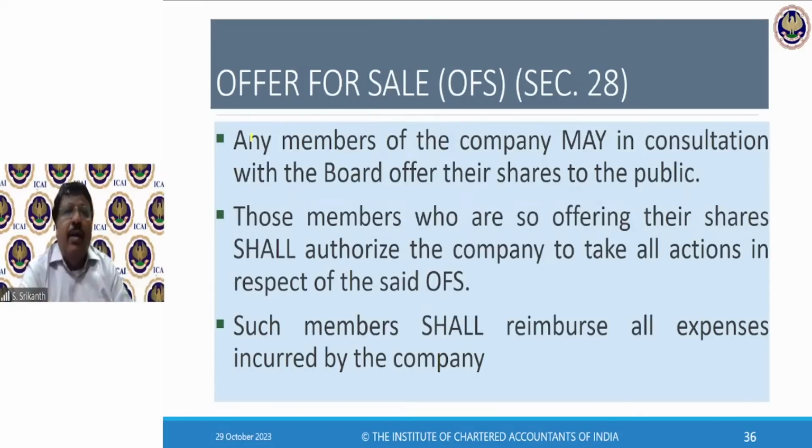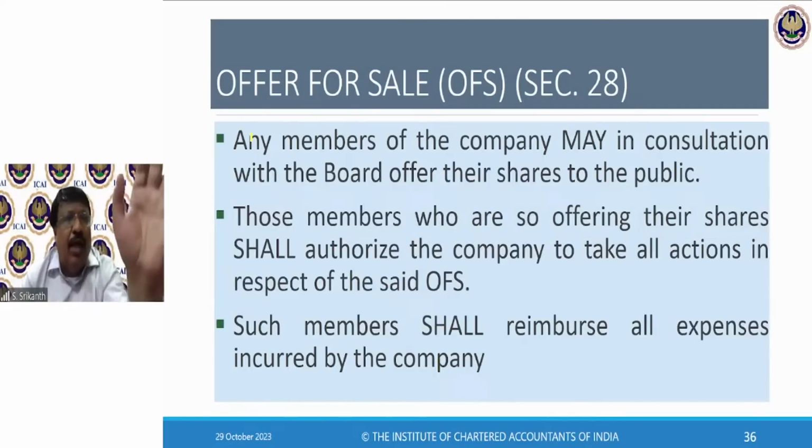Section 28 says you can make an offer for sale. Any members of the company, including the promoter, may, in consultation with the board of directors of the company, offer their shares to the public. Let us say this company is going for a public issue of 2 million shares offered to the public.